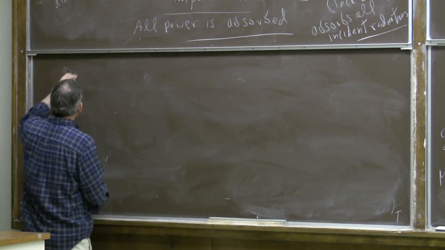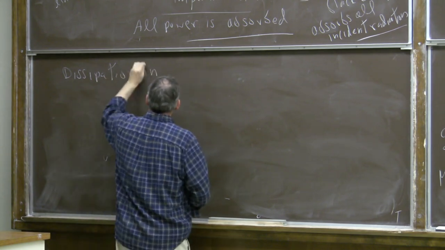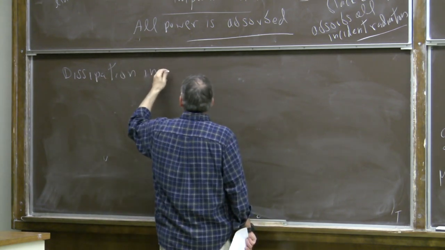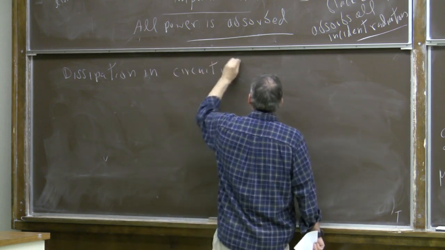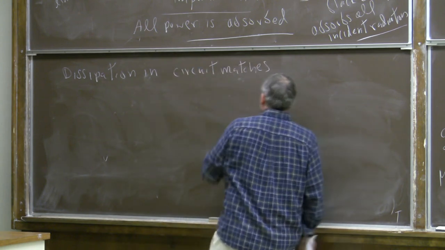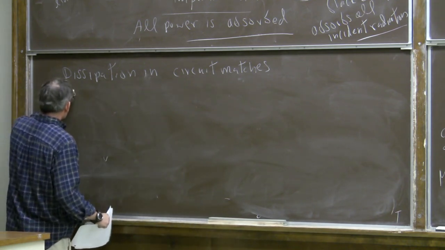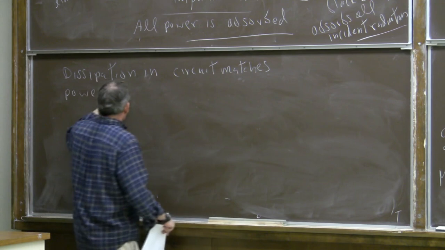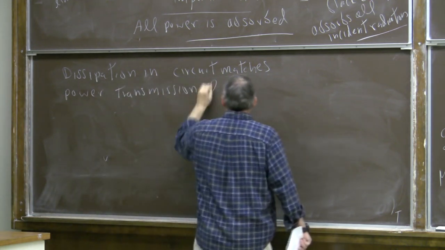So dissipation in a circuit matches power the transmission line delivers to the circuit.